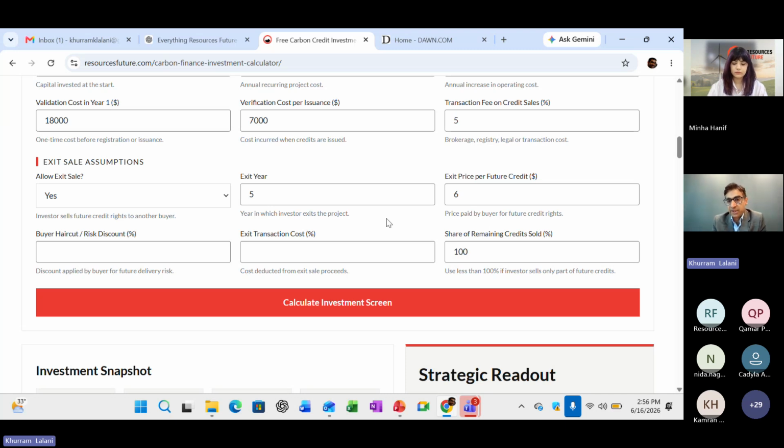I'm going to sell all my inventory at a discounted price. Otherwise, I would have waited for maybe year 10, year 11, year 12, and sold it at a price at that year, which would have been higher assumption wise. But I'm going to sell all my inventory in year 5 at the price of $6 per credit.